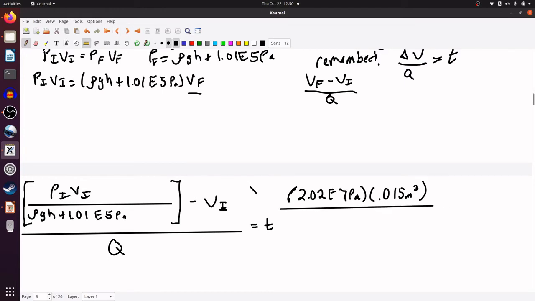And then that's over rho, which is seawater, 1025, times G, which is 9.8, times H of 10 meters, plus 1.01 E5.